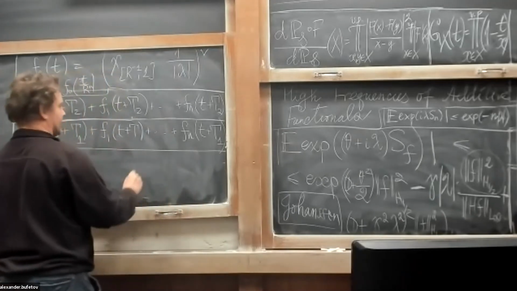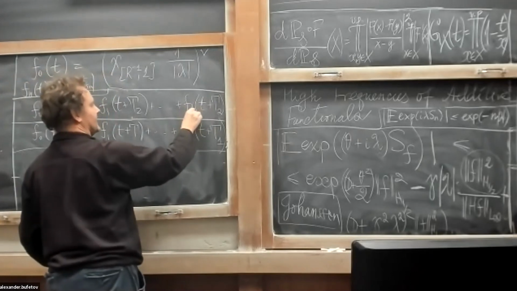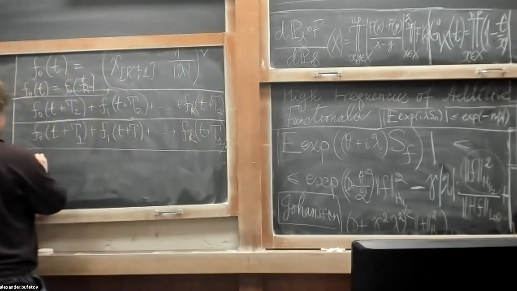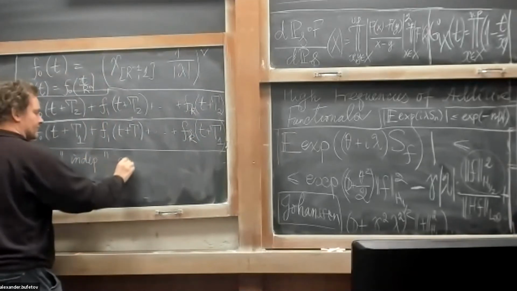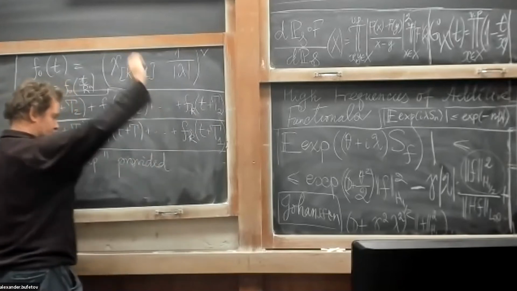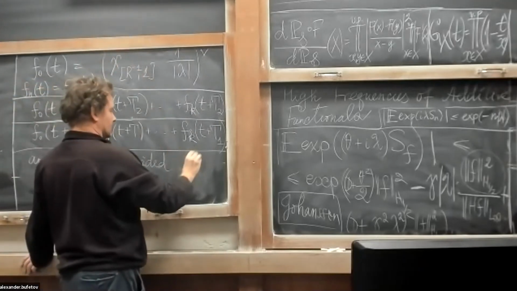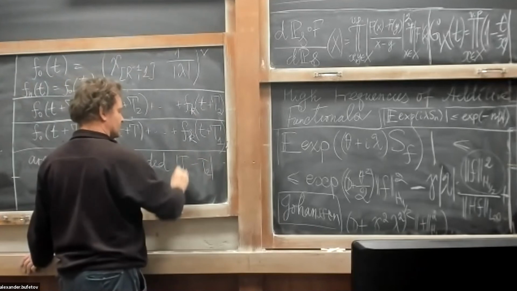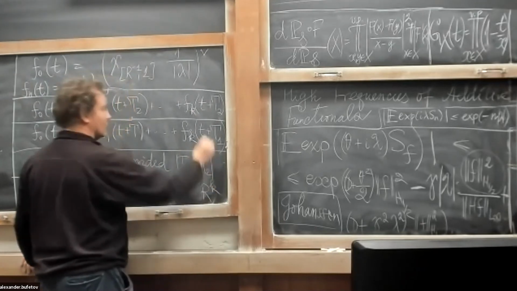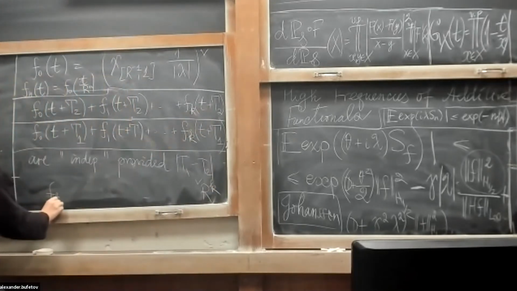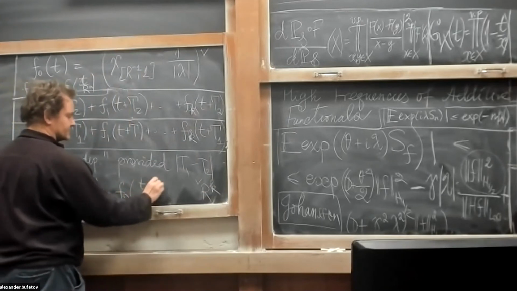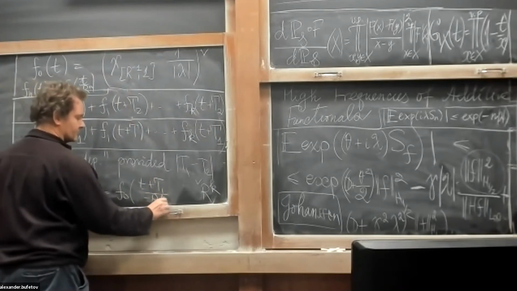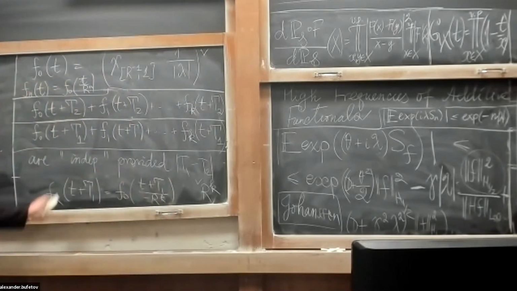So here, up to k, if instead of up to n I write up to k, then these are essentially independent, provided t1 minus t2 is bigger than r to the k. Well, you can see here that fk of t plus t1, for example, is equal to f0 of t plus t1 over r to the k. So it makes a lot of sense that independence occurs when the difference is bigger than r to the k.